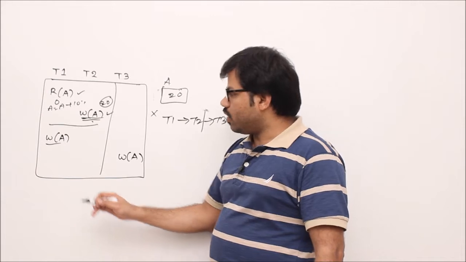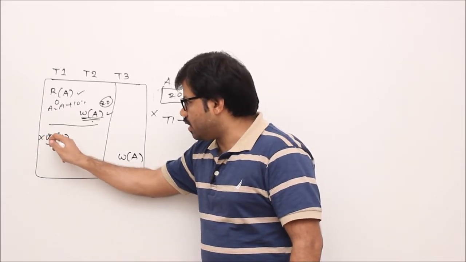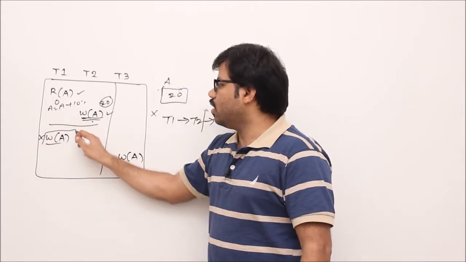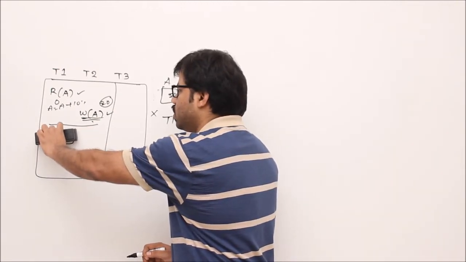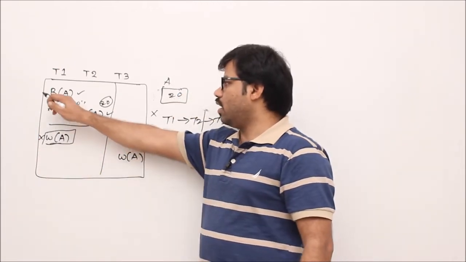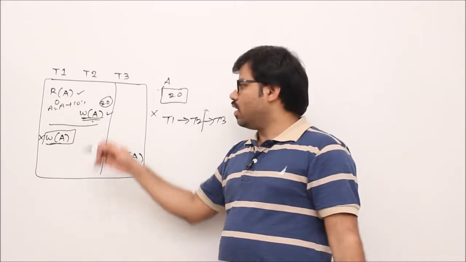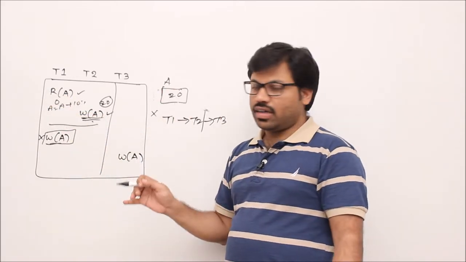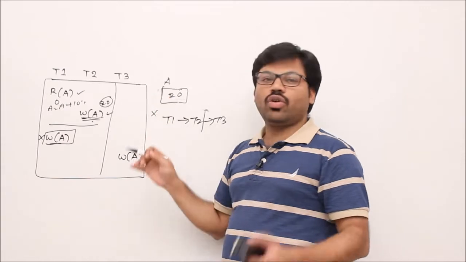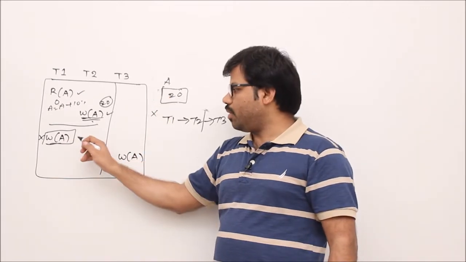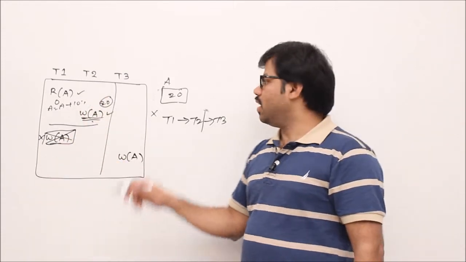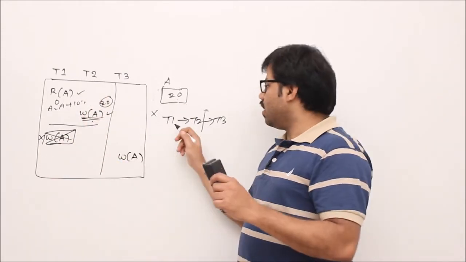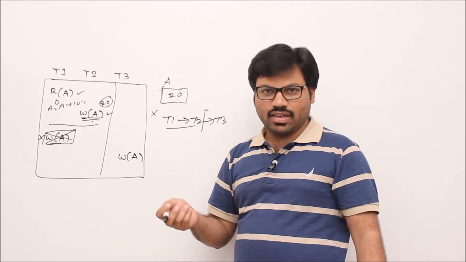But now what I want to say is, if you can somehow skip this operation rather than cancelling T1, now the entire thing is correct, you see. Just let me skip this one. If I skip this one, what will be the output? First you read 0, it's correct, then he will make it 20, correct? But if you write it, then you are going to do wrong, so don't update. That means cancel this operation rather than cancelling the transaction. Then still the database state is the same as if T1 followed by T2 had been done, correct?